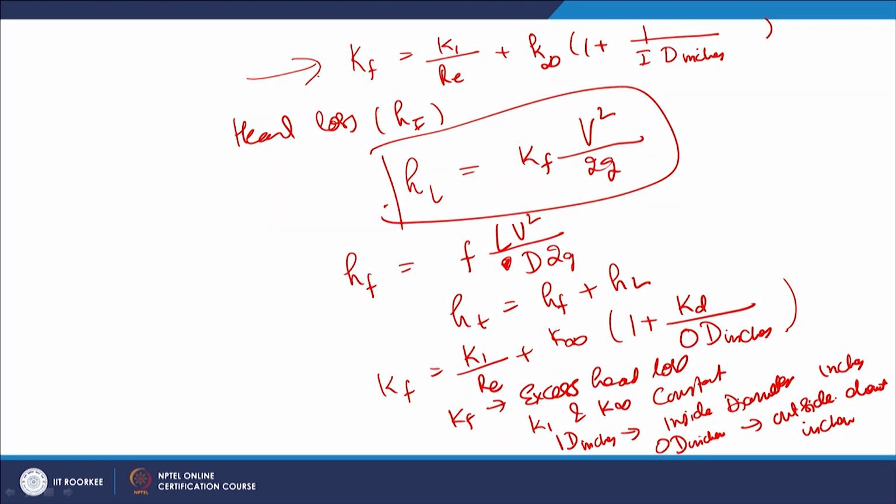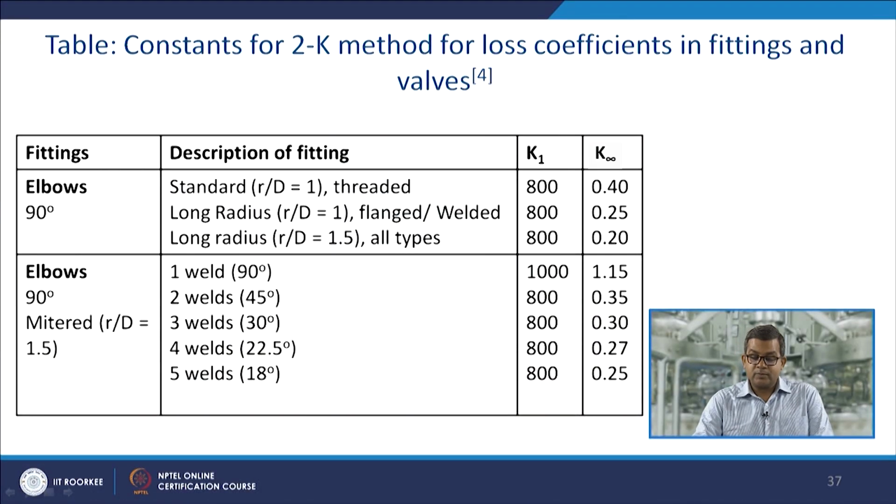Now in the next table, we have enlisted the constants for the 2K method for loss coefficients in fittings and valves. There are multiple types of fittings, like the elbow with a 90-degree angle. For the description of the fitting, standard R by D equal to 1 threaded, K1 is 800 and K infinity is 0.040.